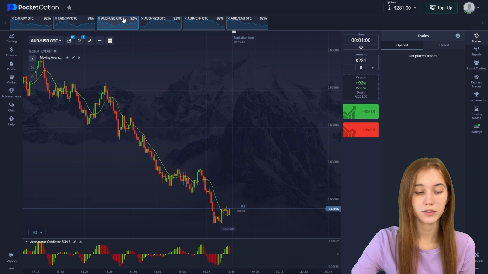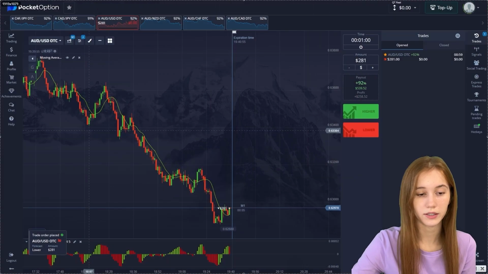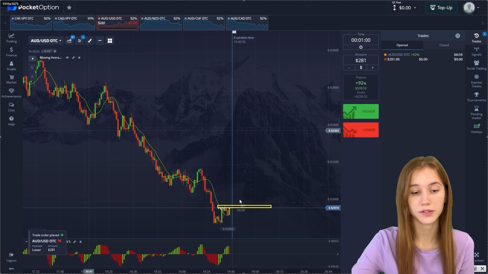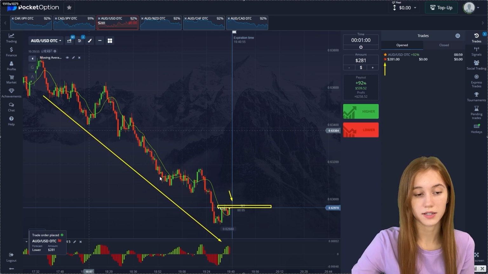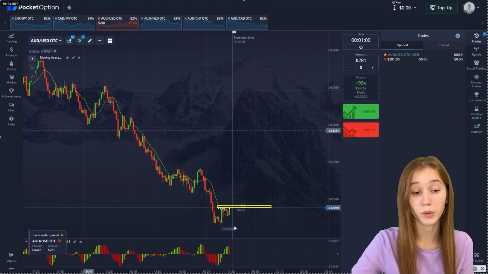So here we are in the next pair. Let's open a down deal and start our technical analysis. Here what we see, we highlight a resistance level, our first signal to down deal. We opened correctly, I think. Descending trend we see on our chart. Reversal will be weak, I think.